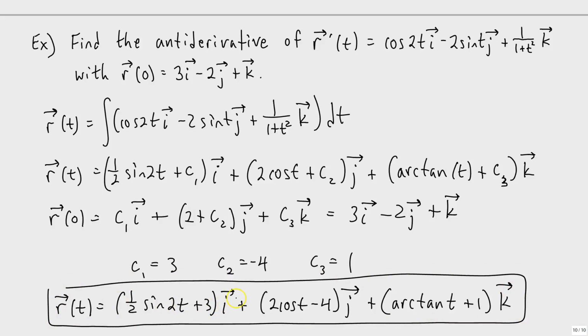So this is the vector valued function that has that derivative and contains that vector. That terminal point would be on the curve of this vector valued function r.